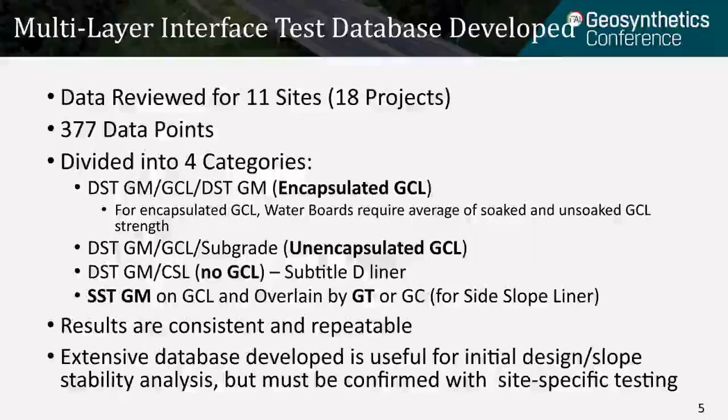All the tests were performed at the same lab. The results, as presented in the paper, show multi-layer tests are consistent and repeatable. This extensive database can be used for initial slope stability analysis or design, but must be confirmed with site-specific testing.